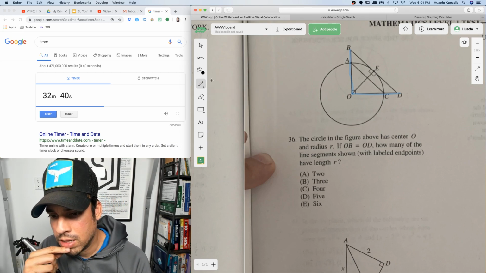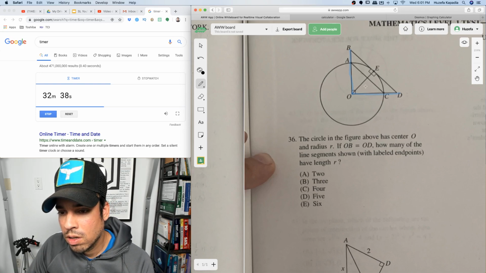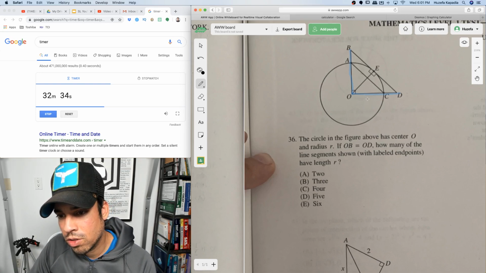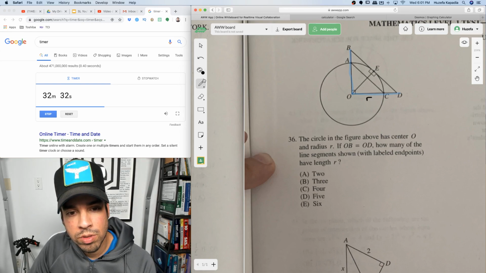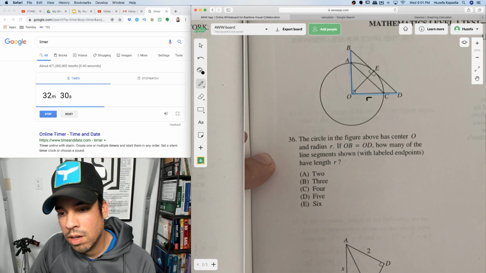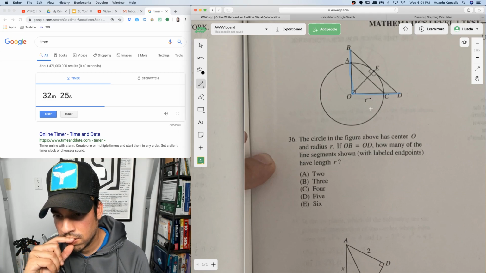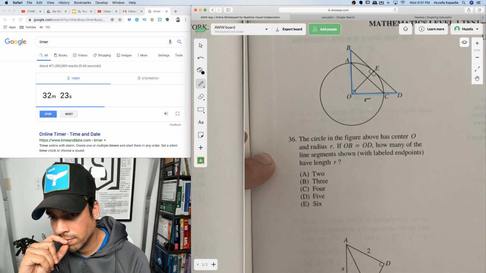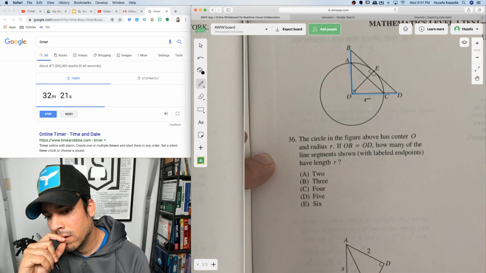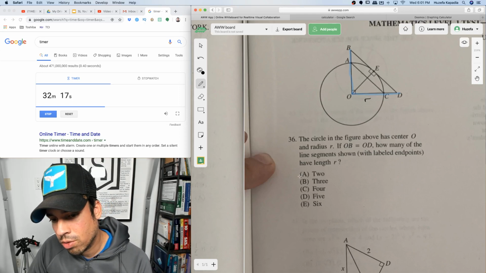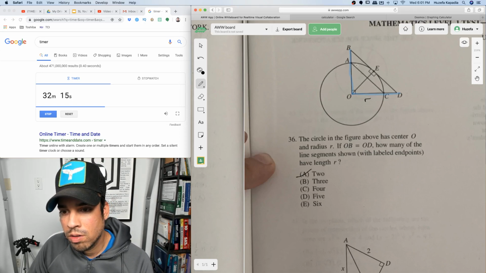OB, oh yeah, this is R. Oops, too thick. How many line segments? So I have OA and OC. Those are obviously radii. And OE, so I know it's 3.